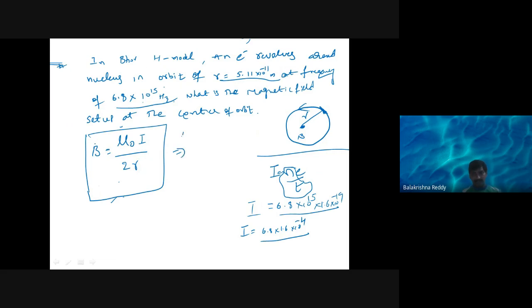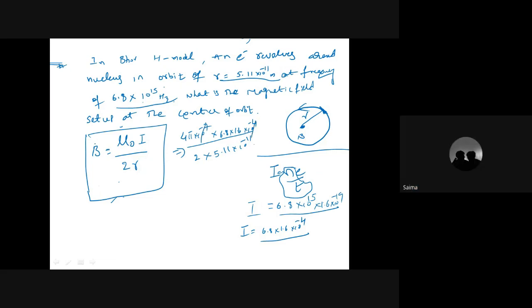Otherwise, B equals 4 pi into 10 to the power minus 7 into I, 6.8 into 1.6 into 10 to the power minus 4, by 2 into radius 5.11 into 10 to the power minus 11. Minus 7 minus 4 is minus 11, right? Yes, sir. Plus 11.